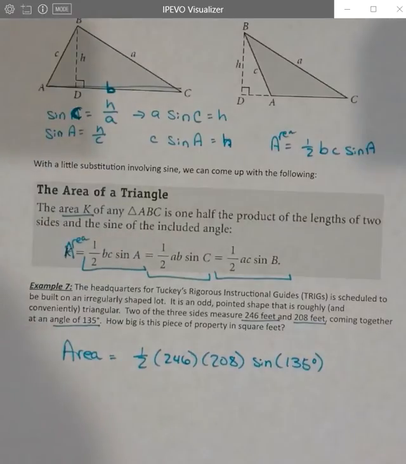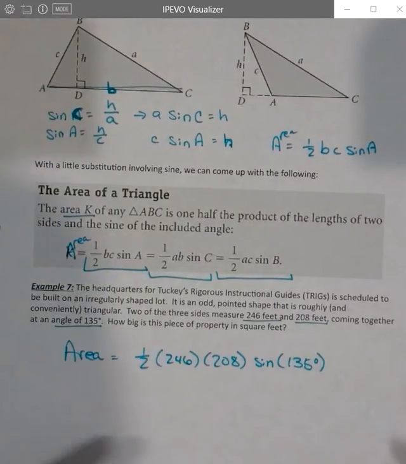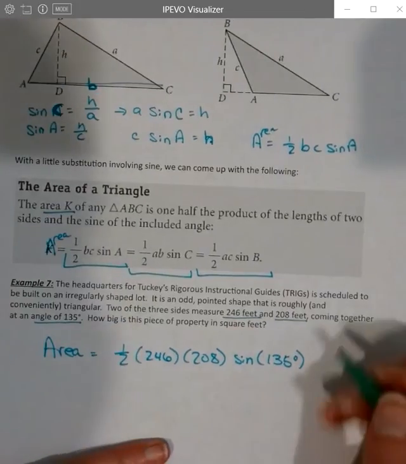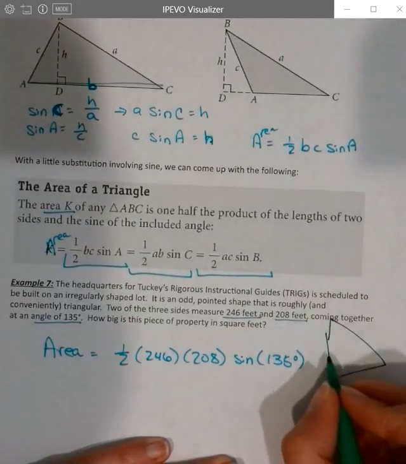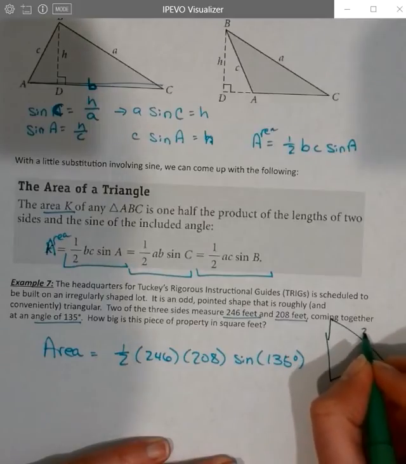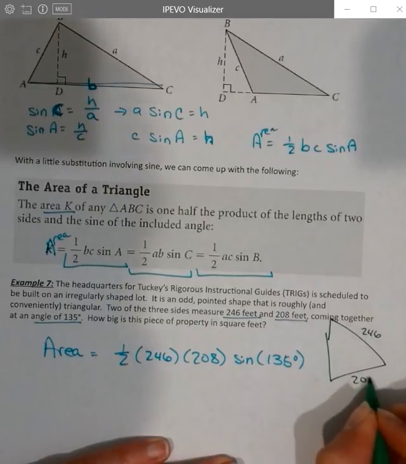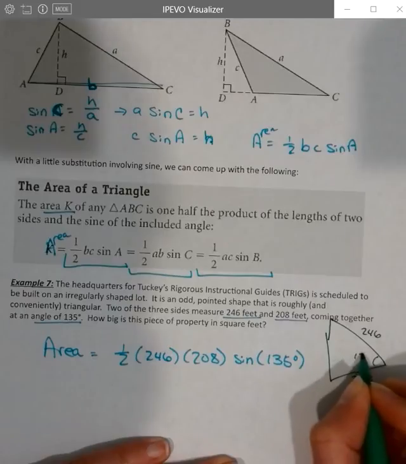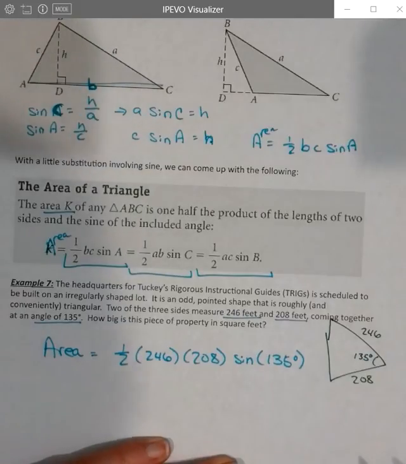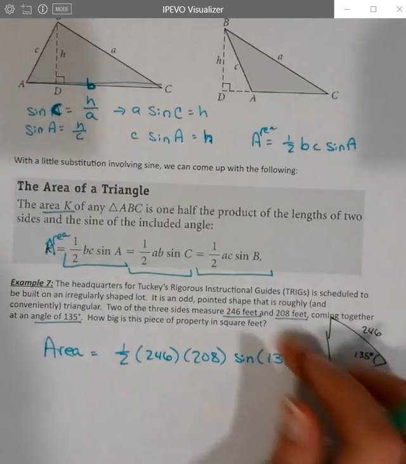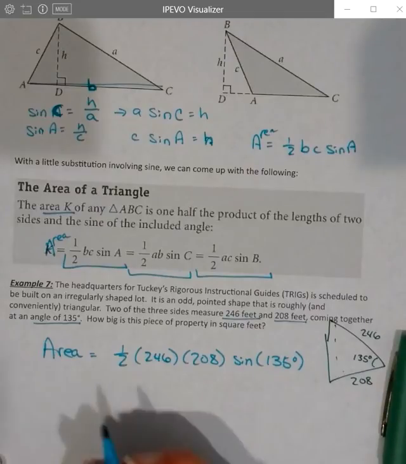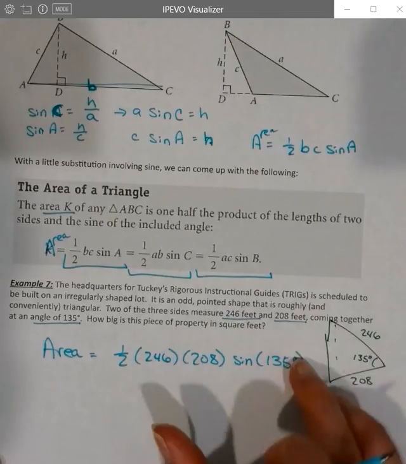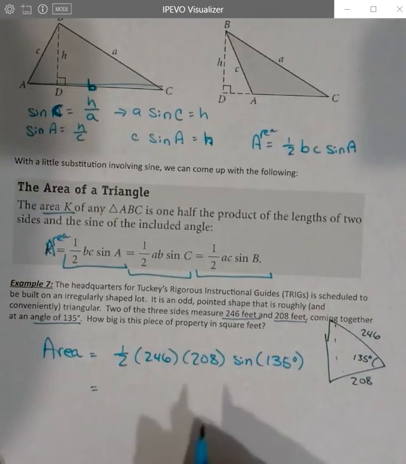I didn't need to use law of sines first to find one of the things, because I already had, if I draw real quick, let's label these sides, 246, 208, and I already had a measure between them of 135. So I don't need to find h. I know that I can use the law of sines to find the hypotenuse if necessary. So I don't need to solve the triangle, find the other angles. I just use the formula, got the area.